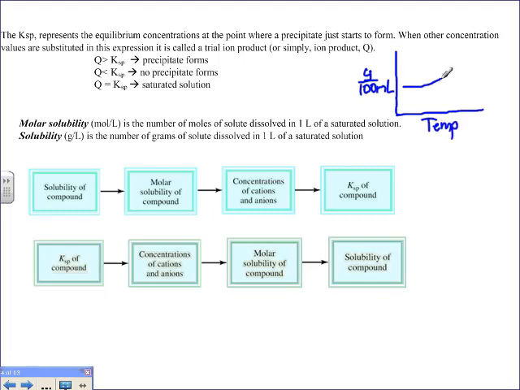And you'll remember you did questions where there were several curves on it, and it asked you for various scenarios, whether it was a saturated, unsaturated, or supersaturated solution. And the values along the curve represented saturated solutions. Anything above was supersaturated, and anything below was unsaturated. So you were looking at solubility in grams per 100 milliliters.